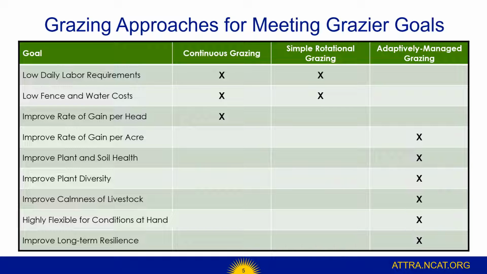But if we've got something that allows us to expand paddock size, shrink paddock size, and move animals more frequently during periods of fast forage growth, and then slow things down when forage growth also slows down, that's going to give us the ability to actually improve the long-term resilience of the whole ranch or the whole farm over a period of time. Next slide, please.